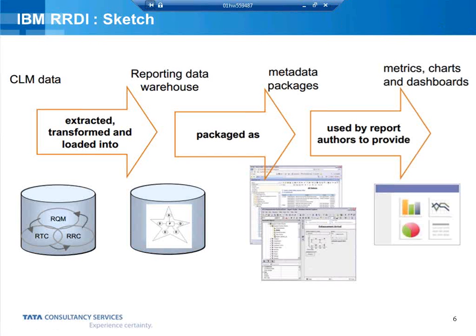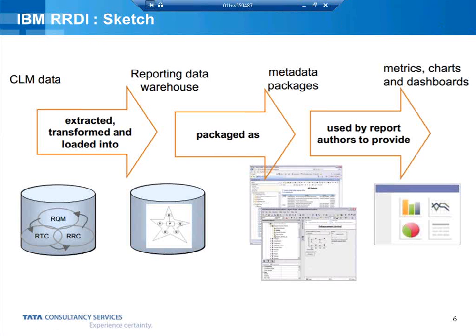And once you have the reporting data in your data warehouse, it is packaged as metadata packages, wherein you are able to view your data in the operational data source. Basically, you get a chance to see all the elements that are exposed by the RTC, RQM, and RRC tools in the reporting section, with which you can do all your custom calculations, and you can use those elements to design your report.